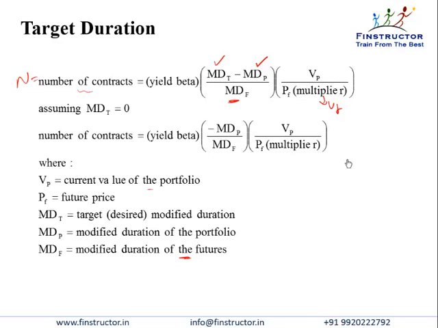Let's assume yields go up by delta Y. There we assumed market went up by delta Y. If yields go up by delta Y, what will be the change in the value of the portfolio?